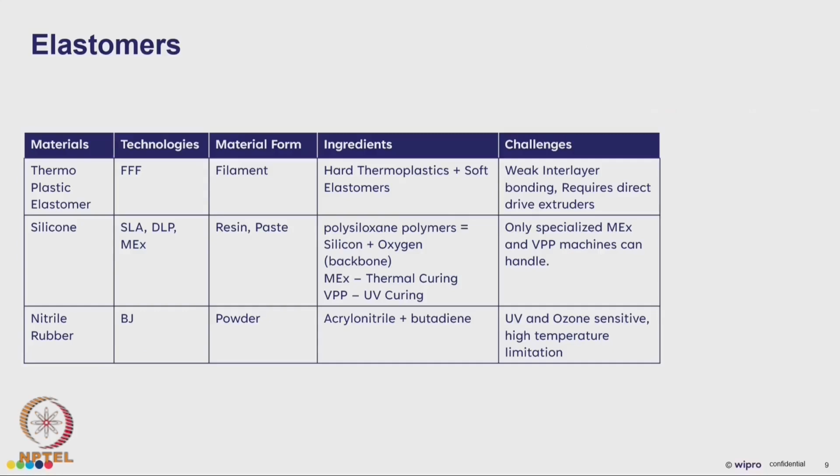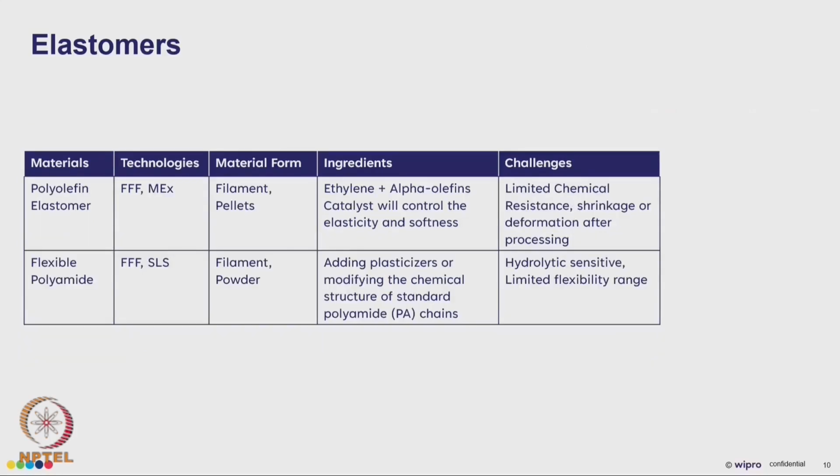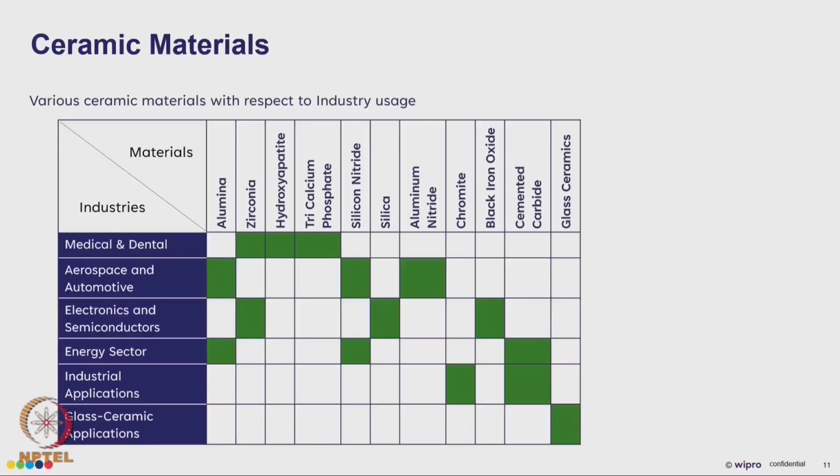We have seen silicone, nitrile rubber, then polyolefin elastomers, and finally polyamide, which is a flexible one. We have seen polyamide in the thermoplastic material, that is nylon, and here they are adding some extra plasticizers or modifying the chemical structure, through which we get a flexible polyamide with a high level of flexibility.